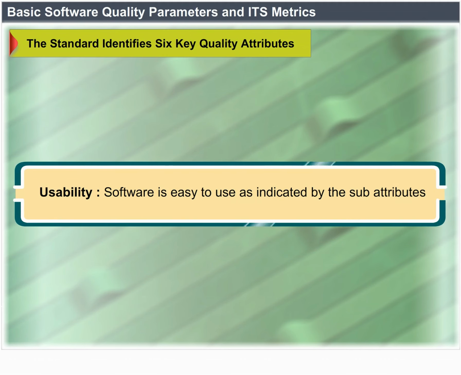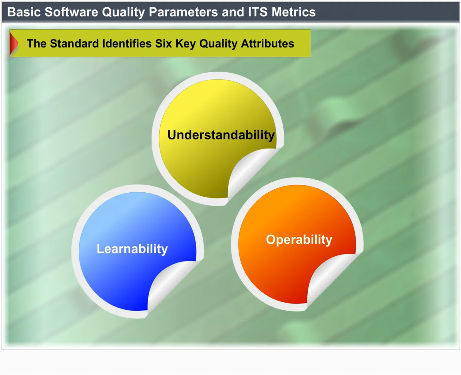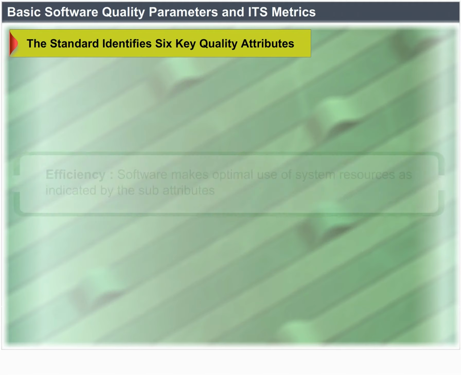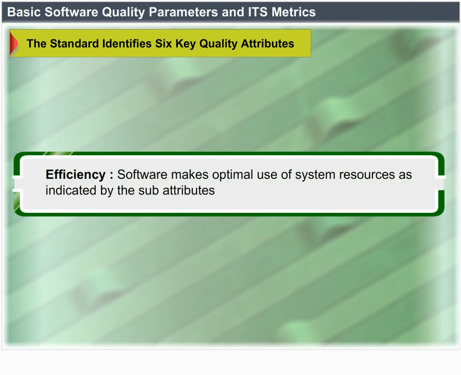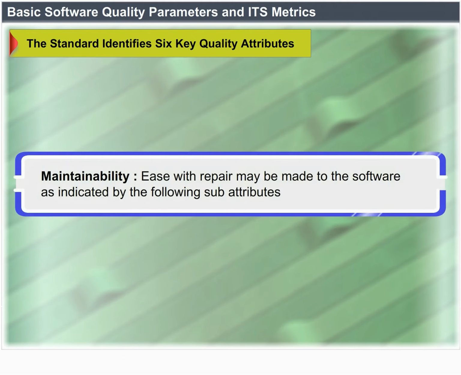Usability. Software is easy to use as indicated by the sub-attributes: understandability, learnability, operability. Efficiency. Software makes optimal use of system resources as indicated by the sub-attributes: time behavior, resource behavior. Maintainability.